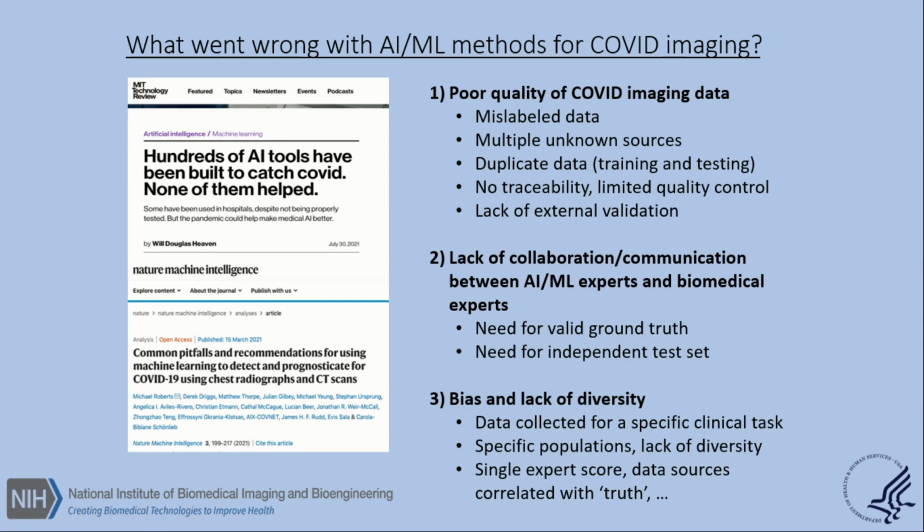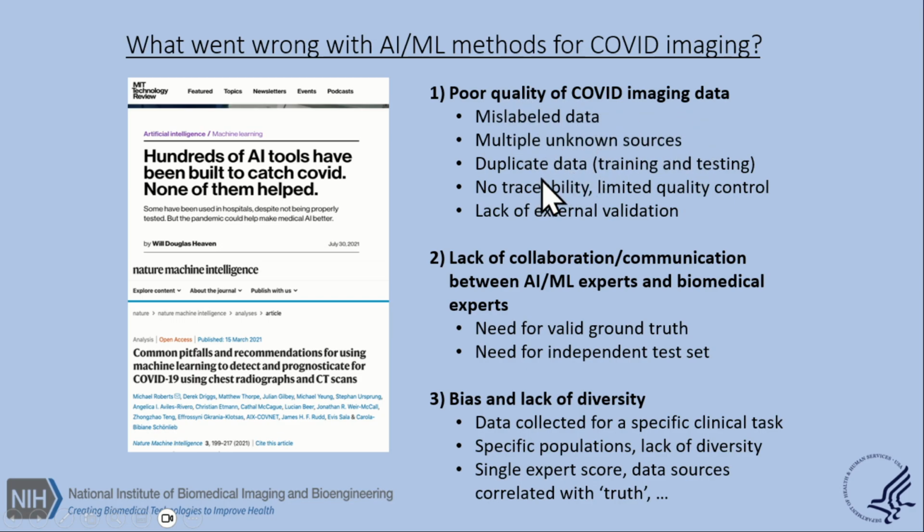Now, when we were designing this, one of the things we did, even before these articles came out at MIT Review, is that a lot of people were using COVID data unclean. Nothing was being done, and they were publishing, "Oh yeah, we've got an AI system for COVID," and none of them worked. And the reason was the poor quality of the imaging data. They were mislabeled.